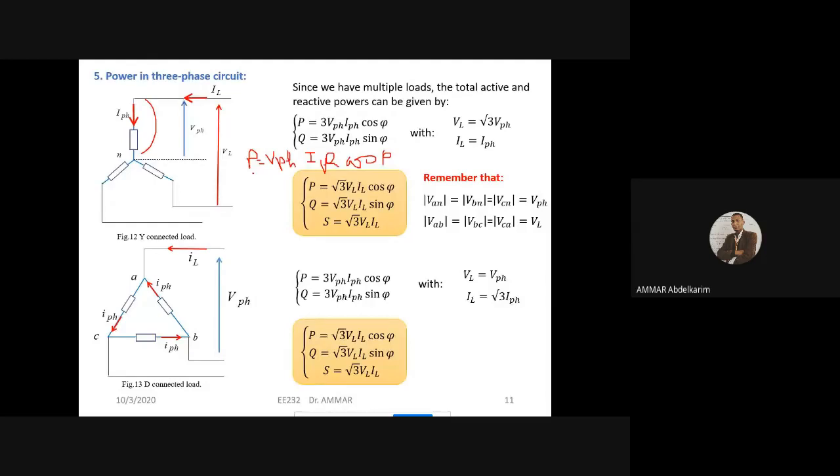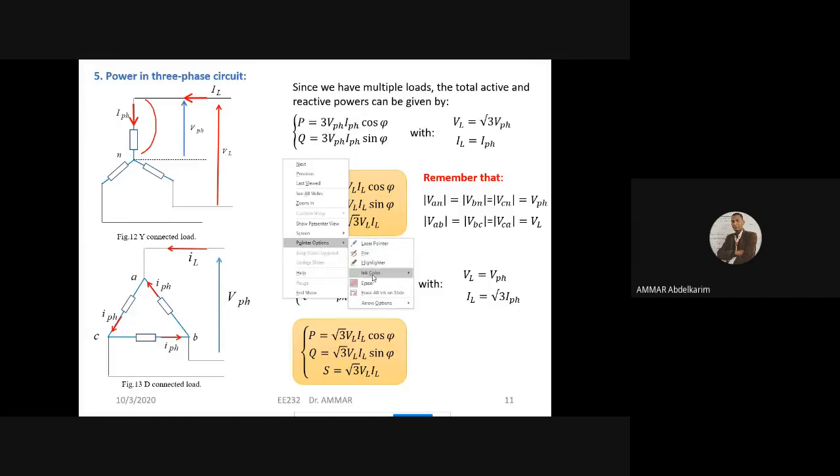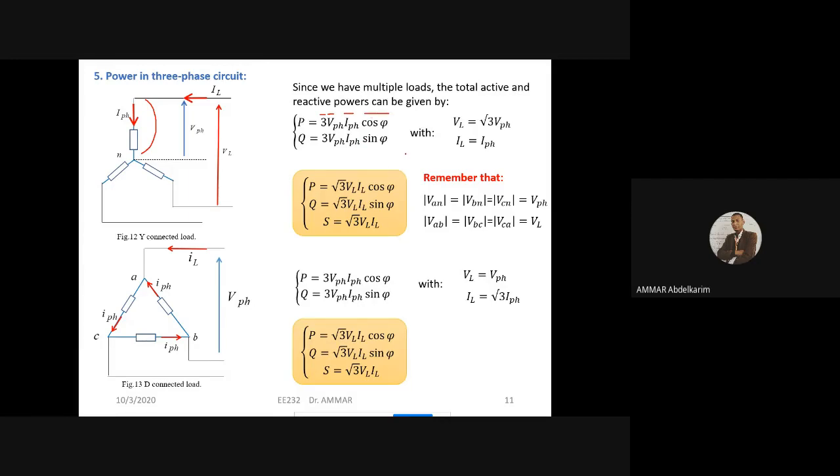When we have three of these, because they are identical, the power is 3 V phase I phase cosine phi or delta, and Q, the reactive power, equals 3 V phase I phase sine phi or delta.